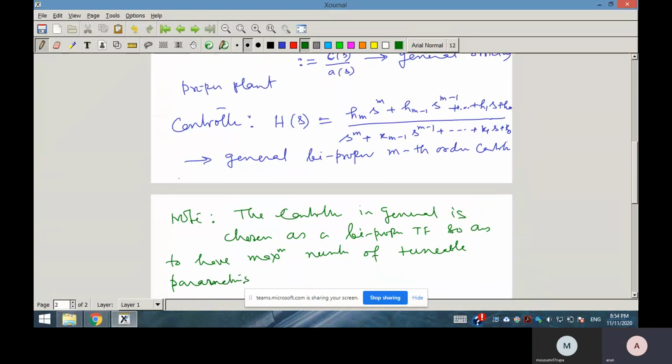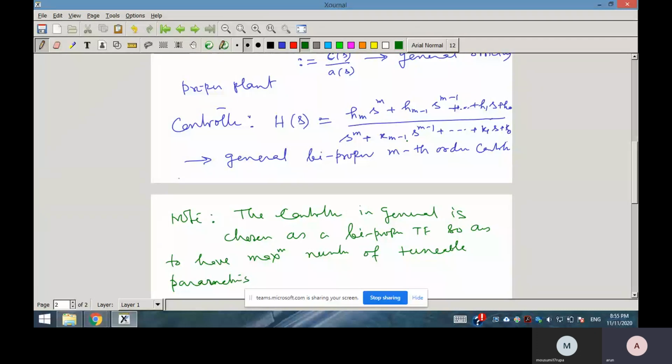The more tunable gains you have for the same order, the more flexibility you will have in shaping the response. Suppose a first order controller: if you choose a strictly proper first order controller, then only two tunable variables will be there, one gain in the numerator and one gain in the denominator.